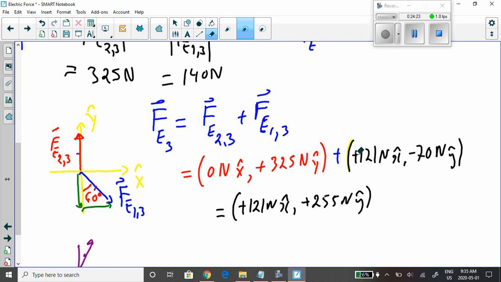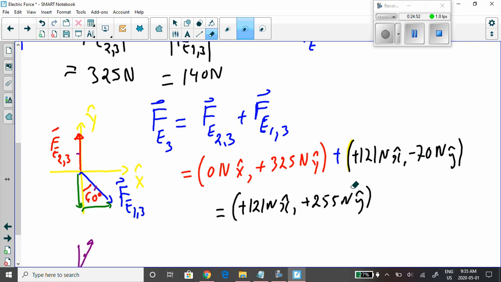So I put in the positive value there. This side is opposite to the 60, so we'll be using sine here. And I get positive 121 newtons x hat. Here, I look at this force. This y component is towards negative y, so I put a negative sign in there. And it's adjacent to the 60, so I'll use cos here. I'll use the cos of 60 on the 140, and I'll get negative 70 newtons y hat.